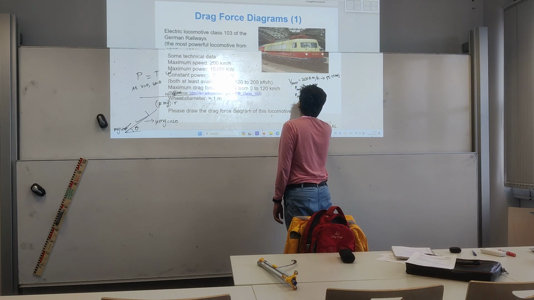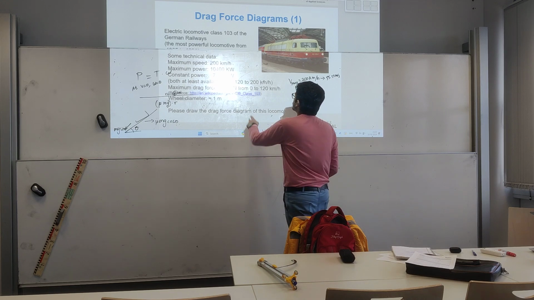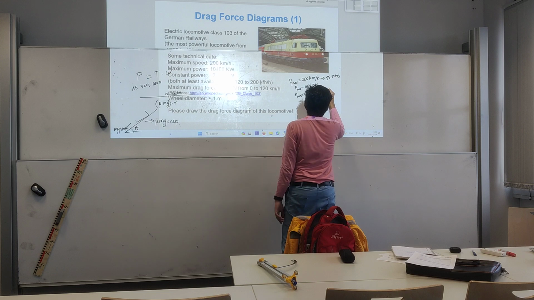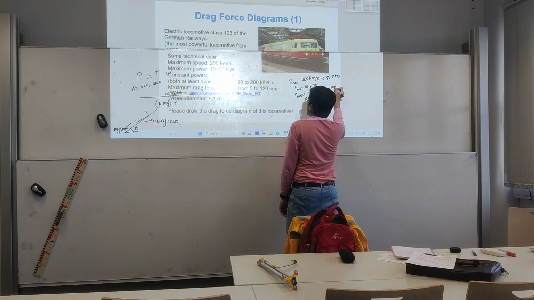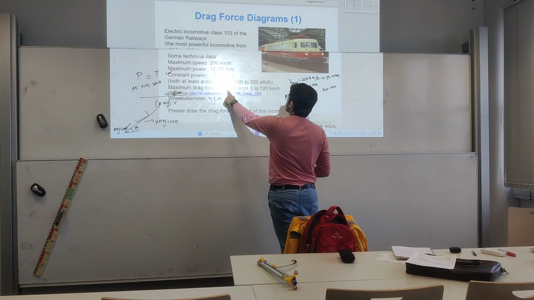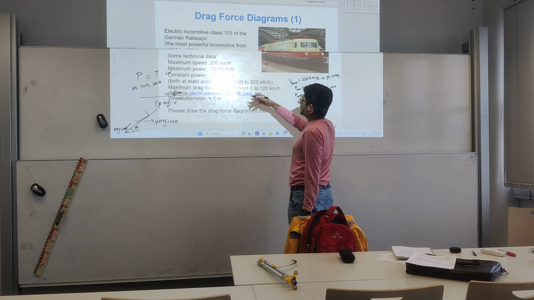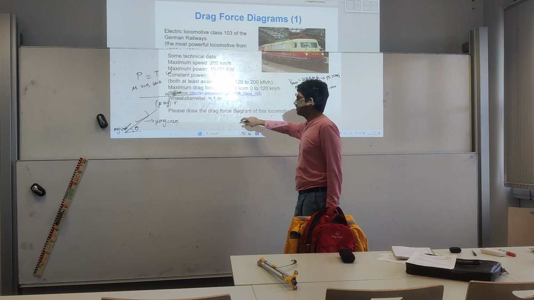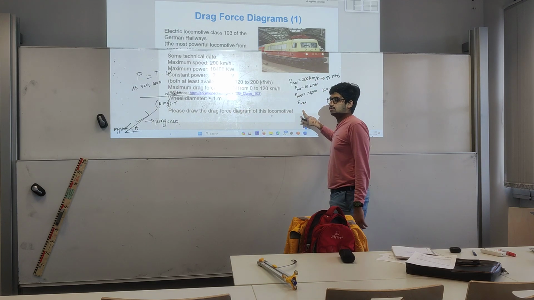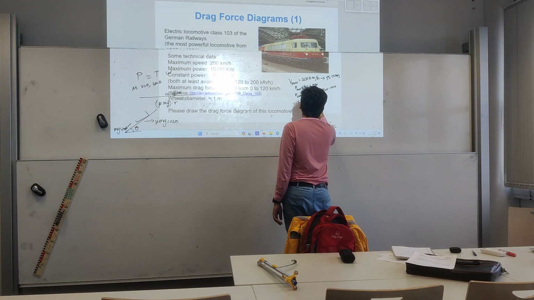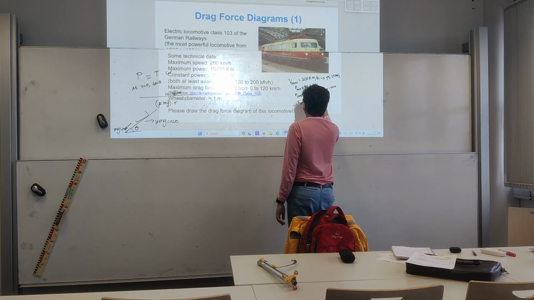P constant is 7.4 megawatt. So this is available from 120 to 200. Maximum drag force is, so here it was made easy for you, the coefficient of friction was not given, instead we directly calculated the drag force. F max is 312 kilonewton.